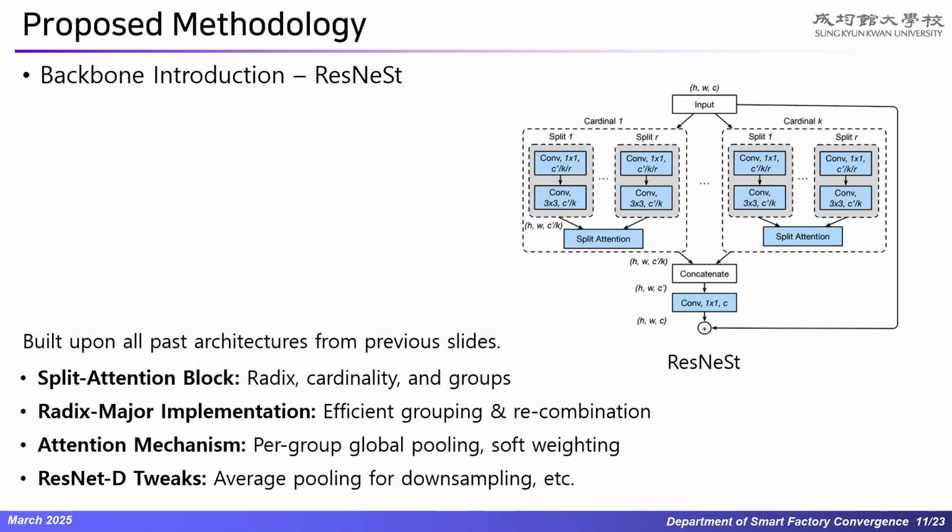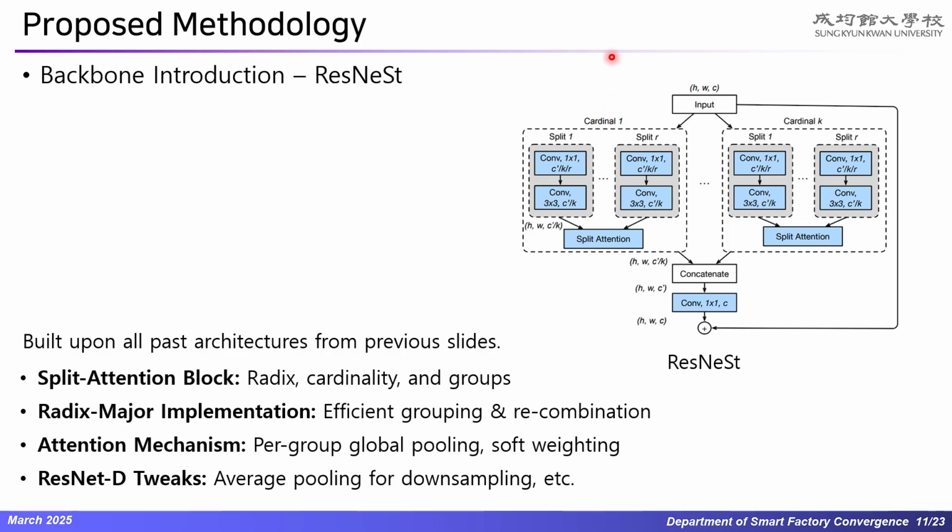With these historical foundations, we're ready to dive into ResNest itself, which introduces the split attention blocks. ResNest inherits cardinal groups from ResNext, but introduces a new hyperparameter called radix. If cardinality is how many parallel branches are in a block, radix determines how many sub-branches are within each branch.